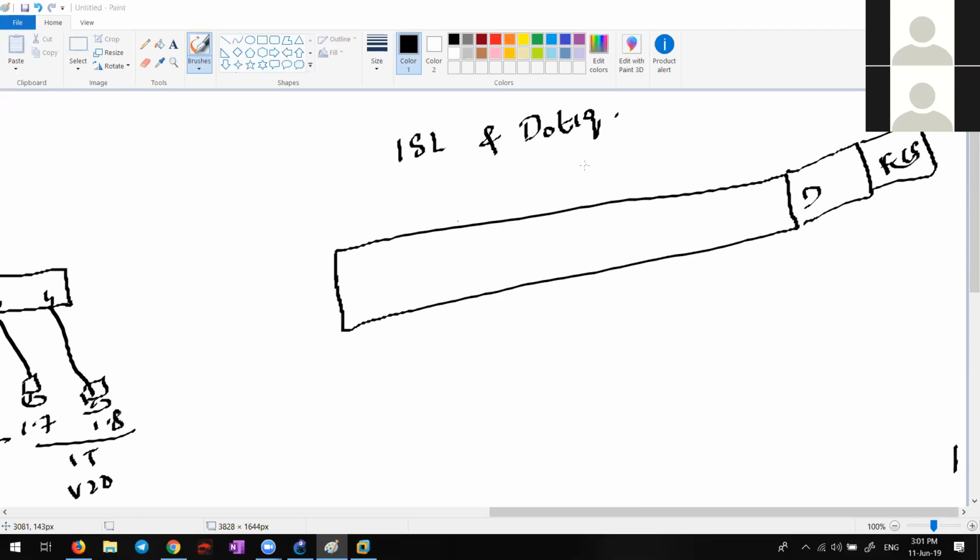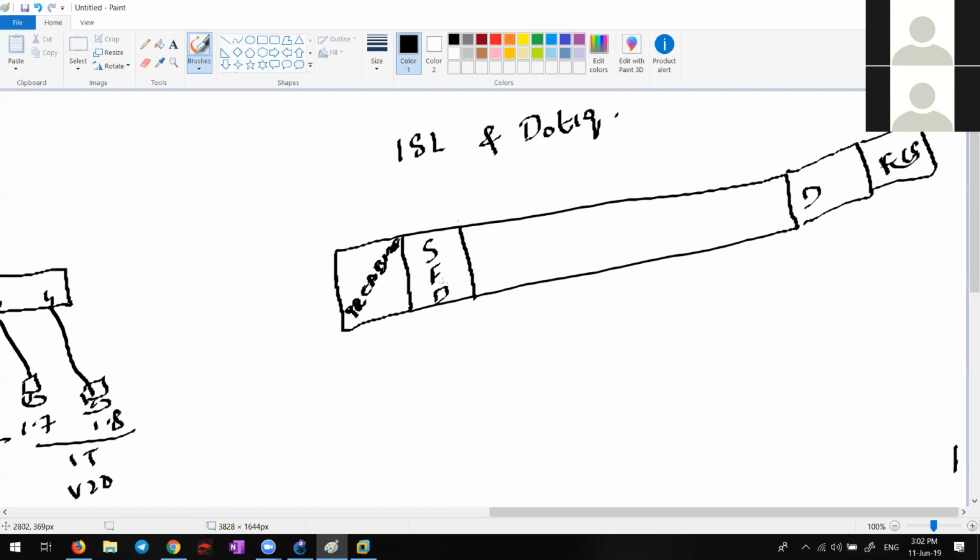Preamble, correct. What is the first field, guys? Preamble. You guys might have heard about it, right? Or seen? Then what is the second field? SFD.